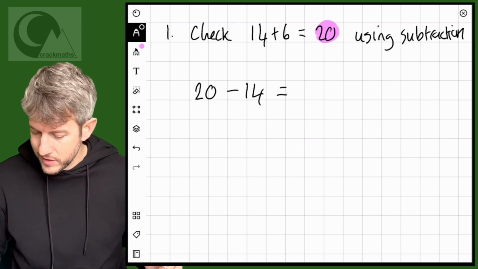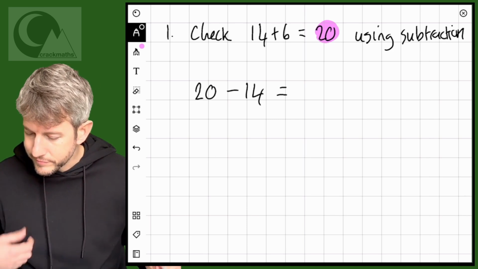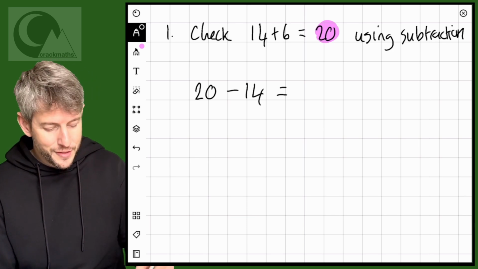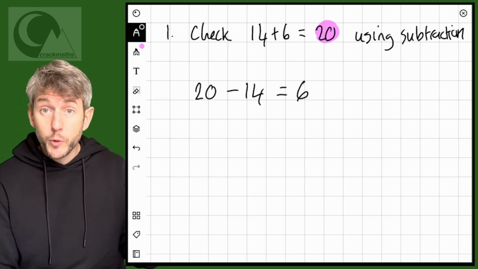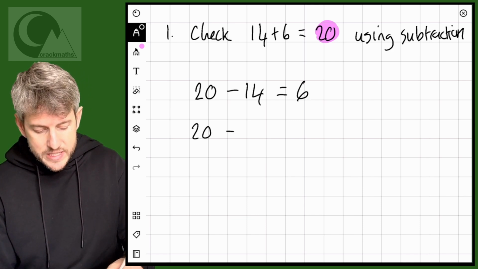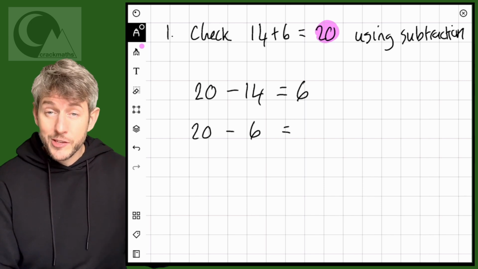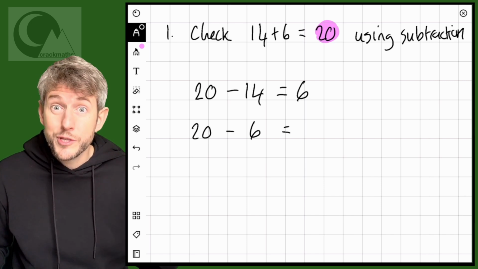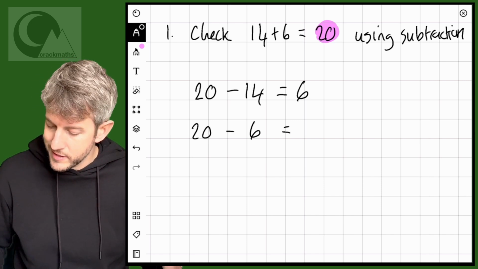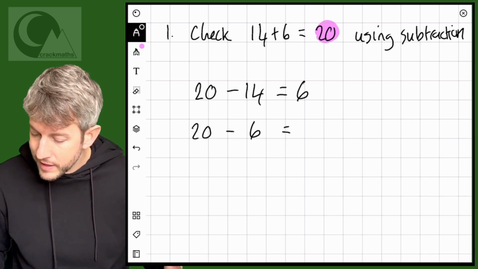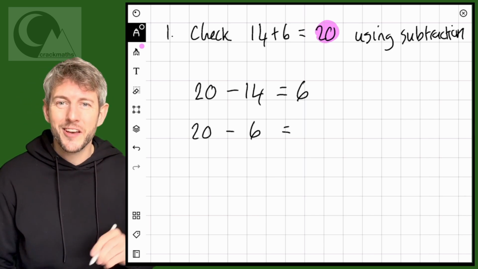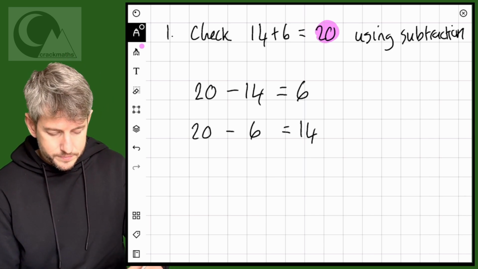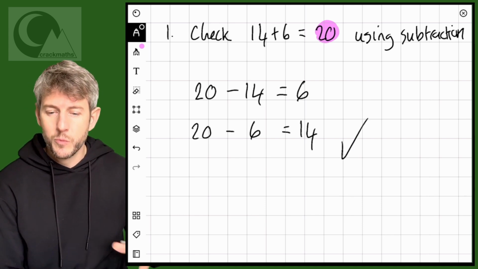So 20 take away 14, and yes, I can conclude that that equals 6. But I could have also done 20 take away 6, and that should equal 14 as well. So I will just check that again. So 20 take away 6. Yep, and that does equal 14. Okay, so that is question 1 done.